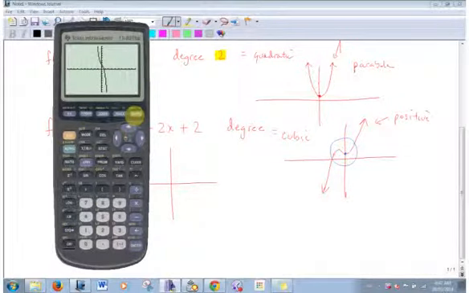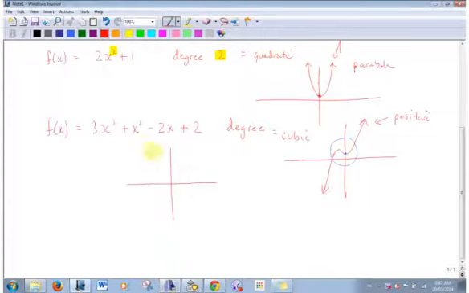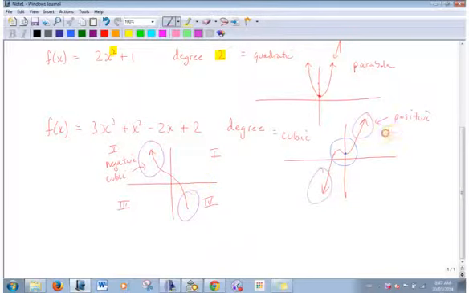That always happens. This is a negative cubic. So this is quadrant 1, 2, 3, 4. And note, it's in these two quadrants. If it's positive, it's in quadrants 1 and 3. So we'll probably be saying that again real soon, but may as well put it here now.